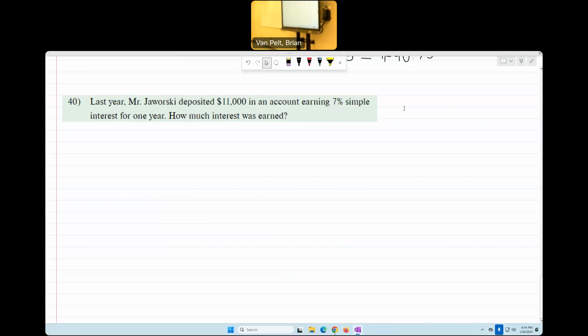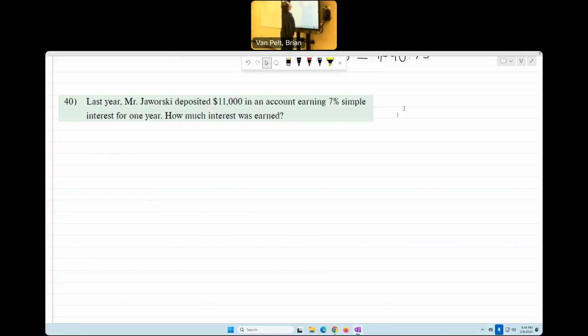This is no different than the sales tax problem. You're doing the interest. So the interest equals 7% of $11,000. So change it to a decimal for a little bit. And that ends up equaling $770.